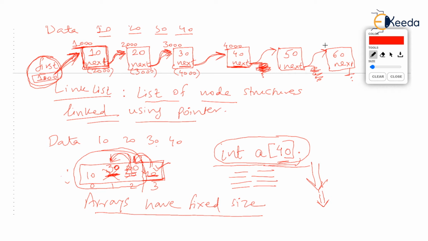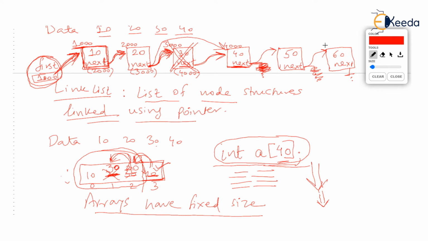Now coming back to the linked list, just assume that we want to delete 30, the node I am striking out. Now deleting 30 is so easy. The next pointer of 20 was pointing to 30, but 30 is to be deleted. Then we will simply say 20's next pointer should point to 40.